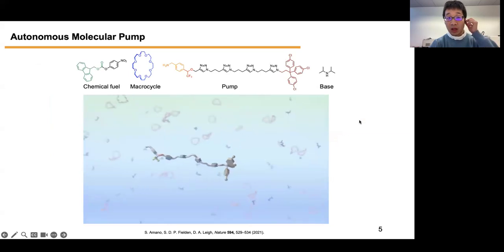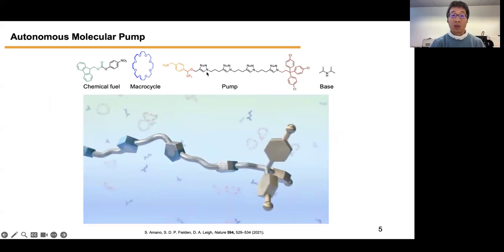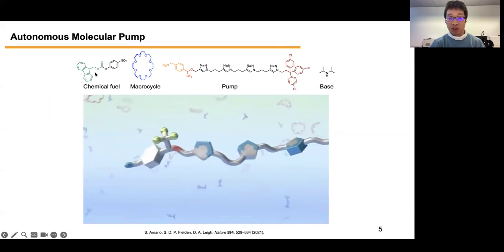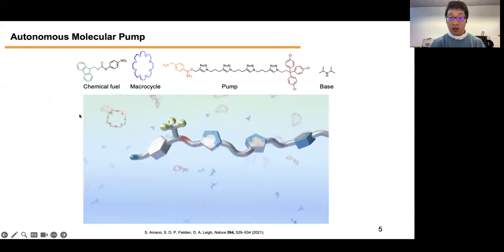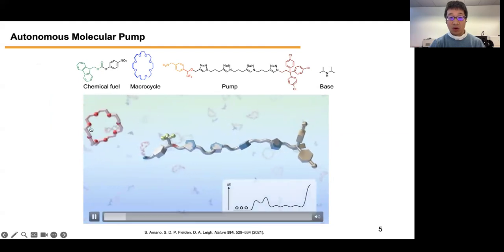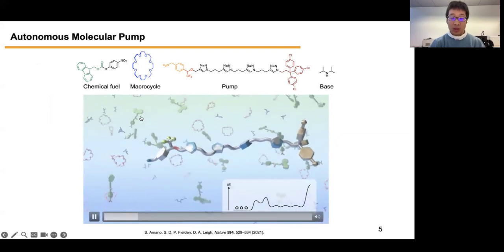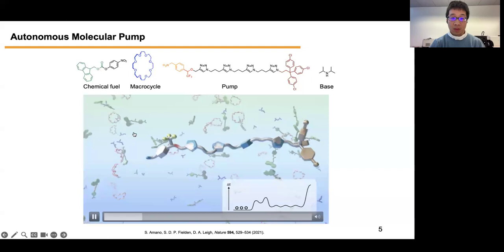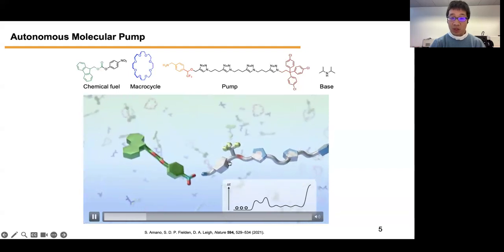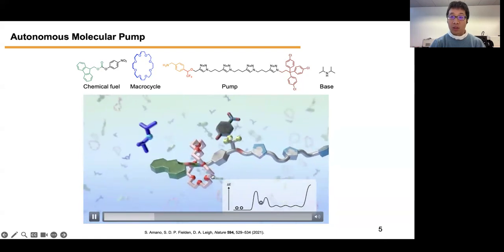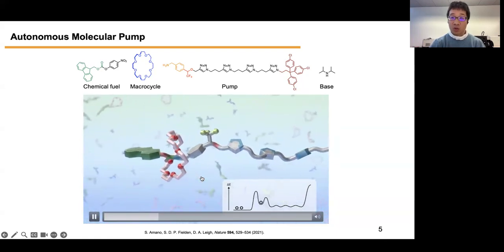So this is an autonomous molecular pump, which pumps up this blue macrocycle by consuming this chemical fuel. At the beginning, there is only macrocycle and pump, so nothing happens. But once the fuel is added, this green molecule can react with the pump through the cavity of the macrocycle, like this, to form an interlocked structure.